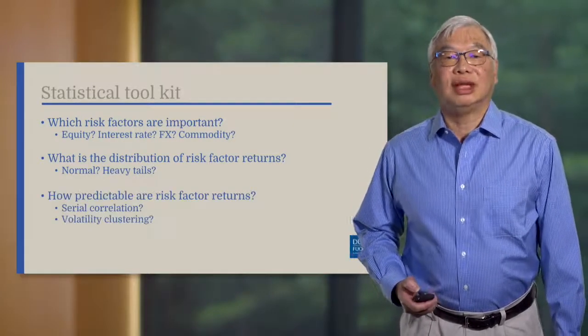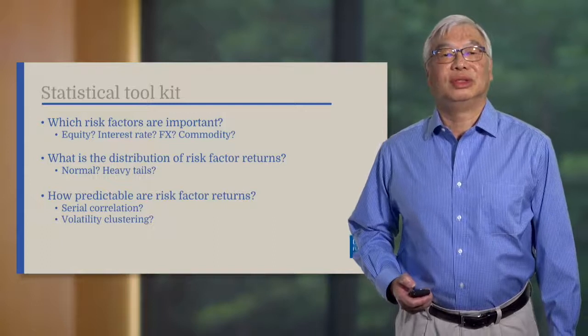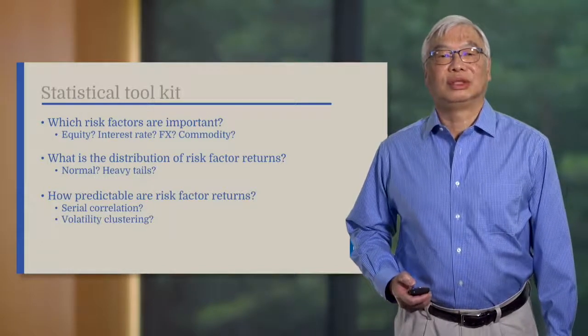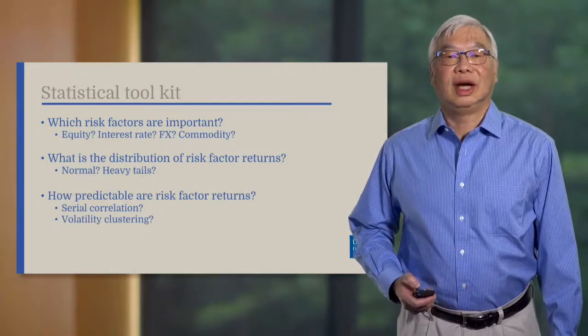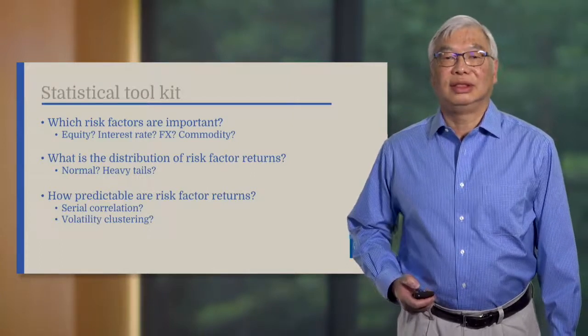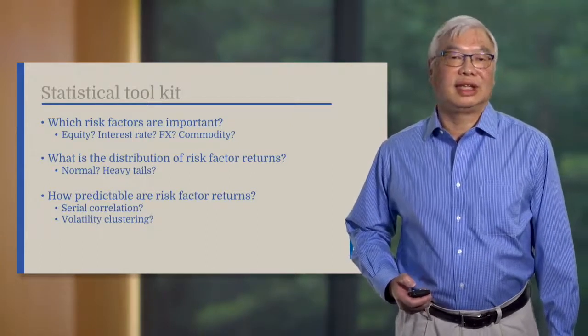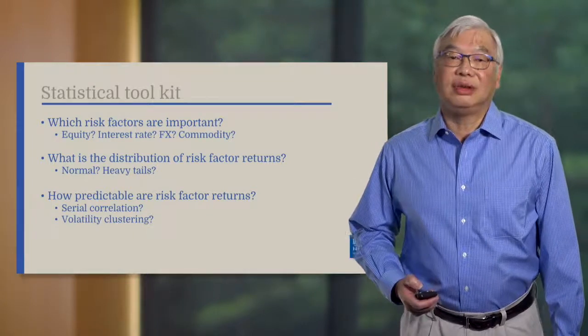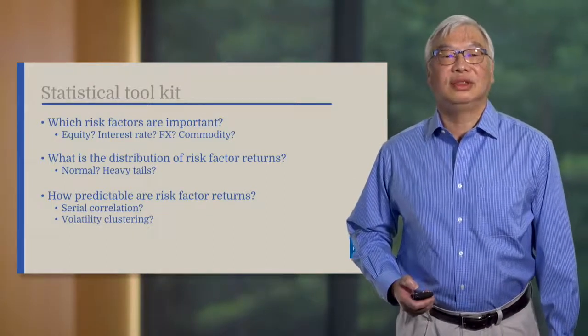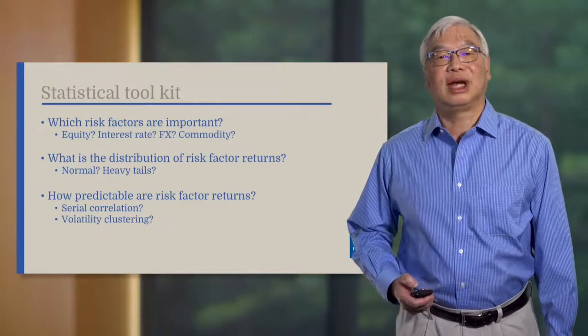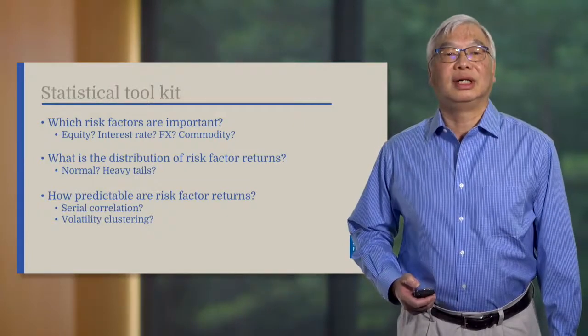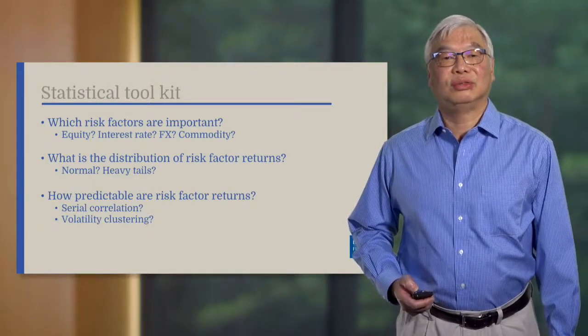Beyond the shape of the distribution, we also want to know how predictable the returns of the risk factors are. Are they serially correlated? Do they exhibit volatility clustering? If either answer is yes, then there is information in the history of the risk factor returns that can help us to predict their future distribution.